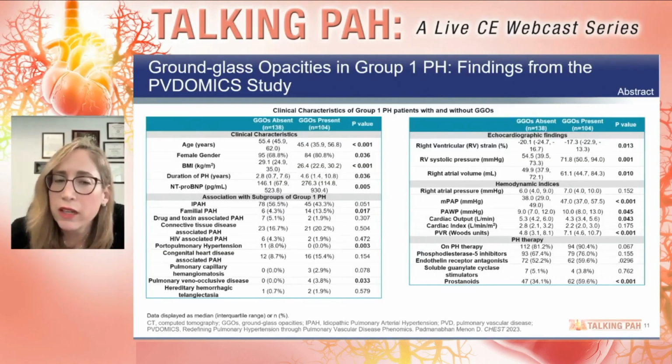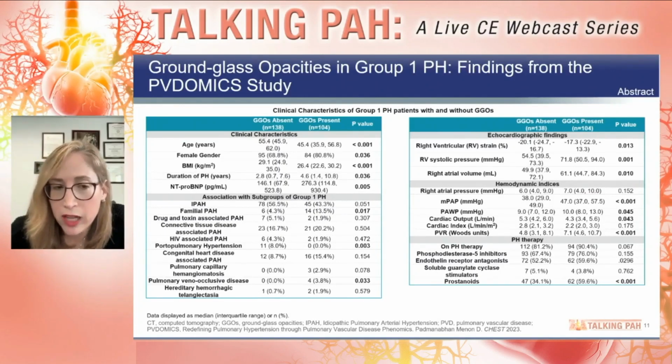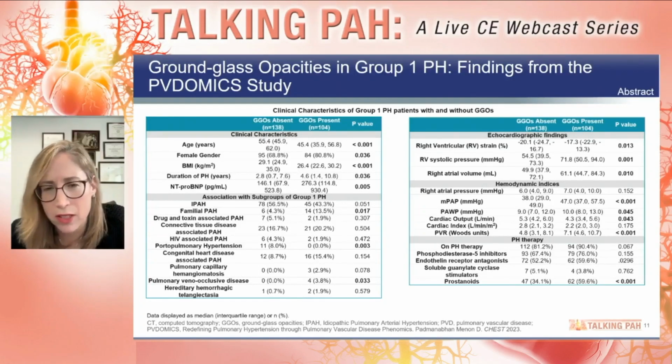And what we can see here is that patients who had ground glass opacities tended to be less obese. They tended to have higher NT-proBNPs. They tended to be a little bit more on having hereditary PAH. They also had more portal pulmonary hypertension and pulmonary veno-occlusive disease.